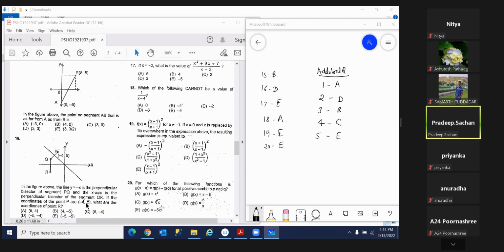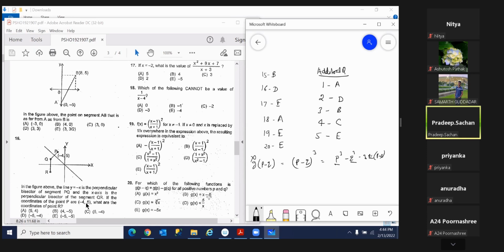Suppose we take option A, g of x is equal to x cube. So g of p minus q will become (p minus q) cube. But when I open (p minus q) cube, it becomes p cube minus q cube minus 3pq into (p minus q), whereas g of p gives p cube and g of q gives q cube. So it is not matching with g of p minus g of q. This means A is wrong.